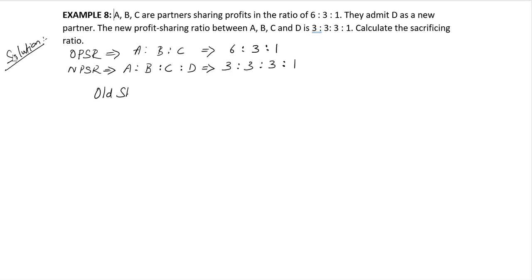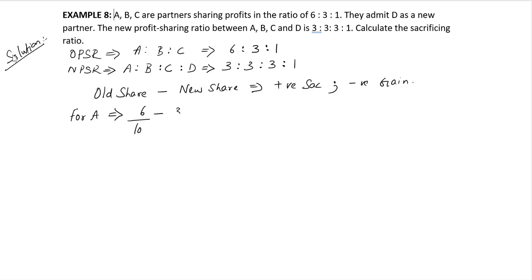We'll use the formula old share minus the new share. A positive figure will imply a sacrifice, whereas a negative figure will imply a gain. For partner A, old share 6/10 minus the new share 3/10, positive 3/10, A sacrifices.